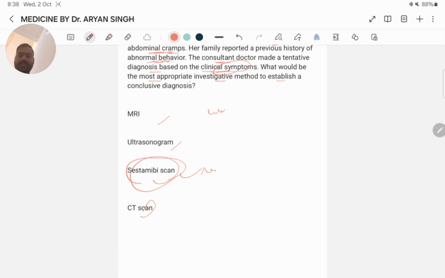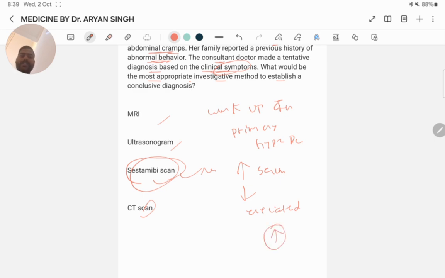And what is the workup in primary hyperparathyroidism? Here the serum calcium is increased, serum phosphate is decreased, serum alkaline phosphatase is elevated, and the serum PTH assay, second to third generation, tremendously increases.